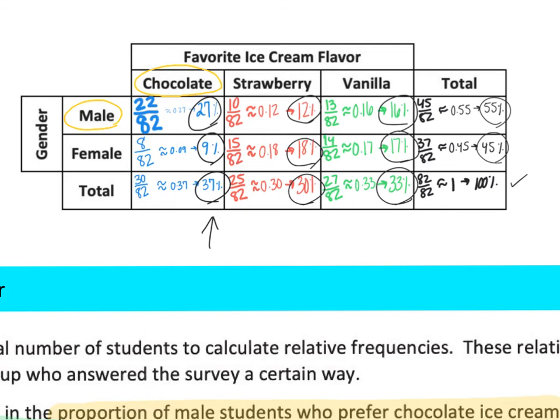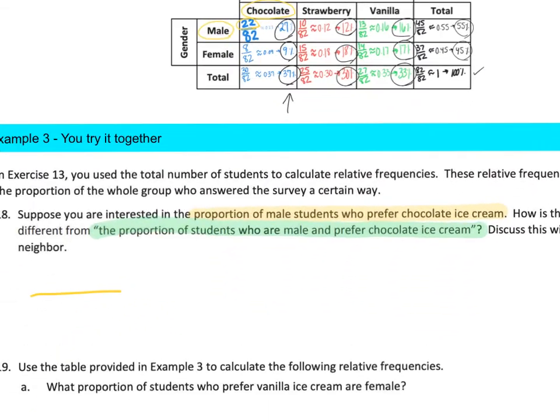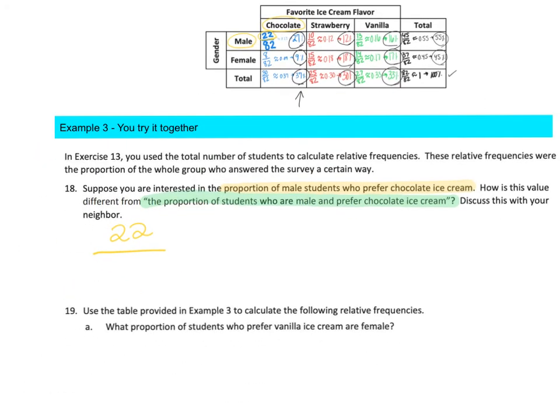Well, there are 22 of them. Okay. And what are we using as a total? Are we using the total of all of the students or the total of just the male students we surveyed? Think about that for a second, and we're going to think about what should we put down here as our total.